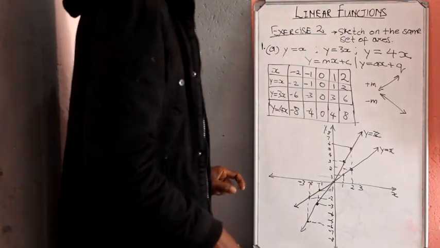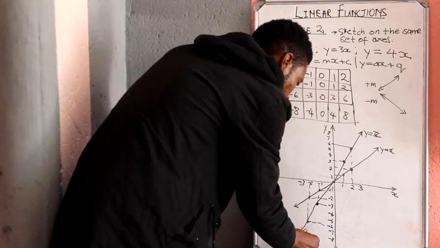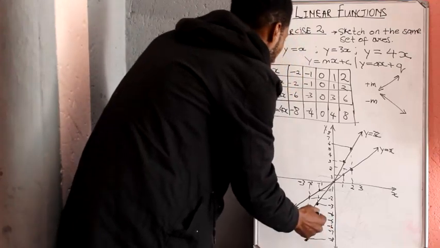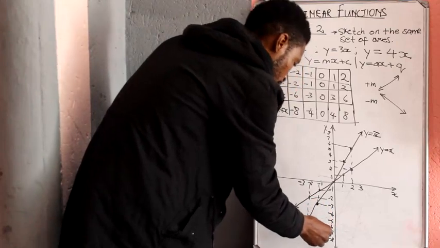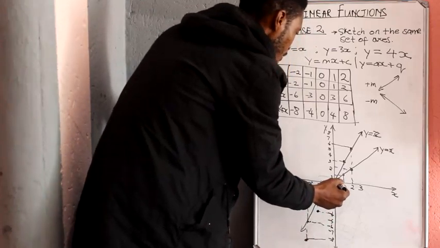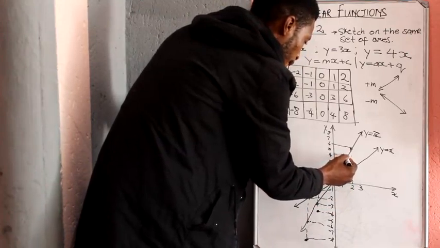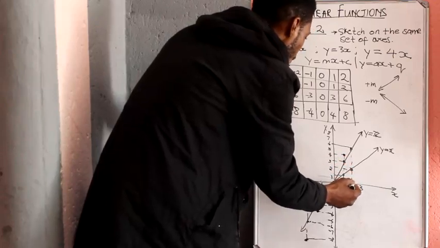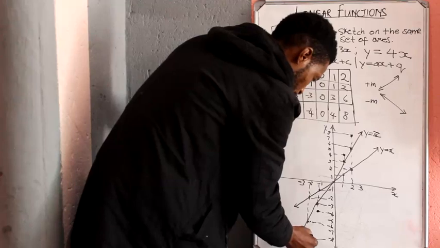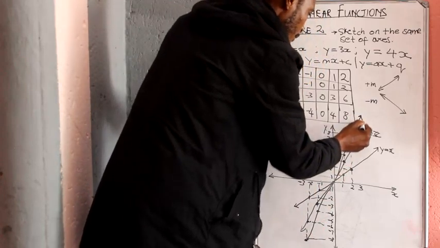Okay, and then last but not least, y equals 4x. That's going to be where -2 corresponds with -8, and your -1 corresponds with -4, and it passes through the origin, goes to 1 corresponding with 4, and then it goes to 2 corresponding with 8, and then we join all those points all the way up there, right?